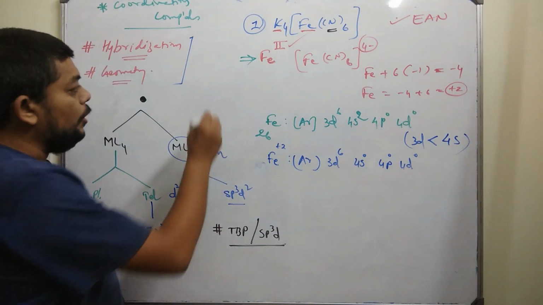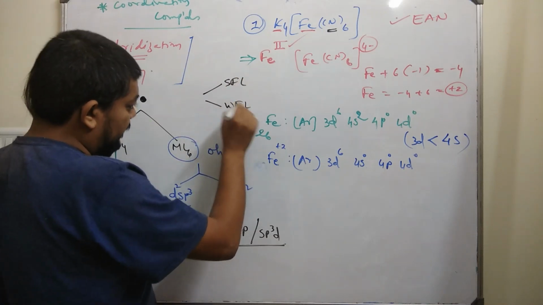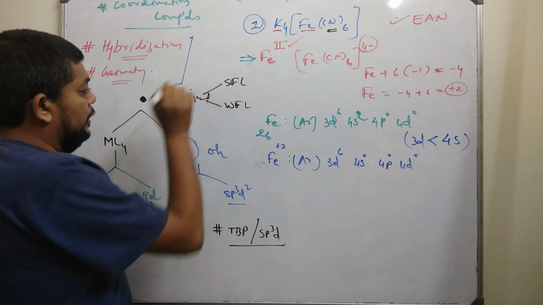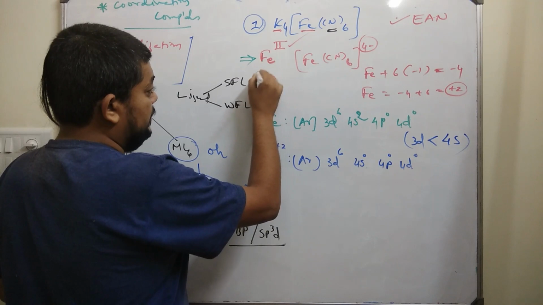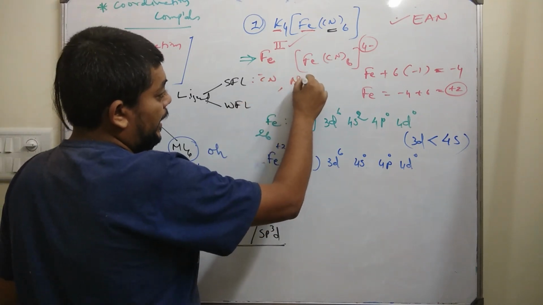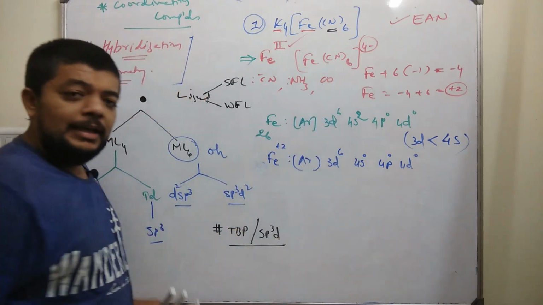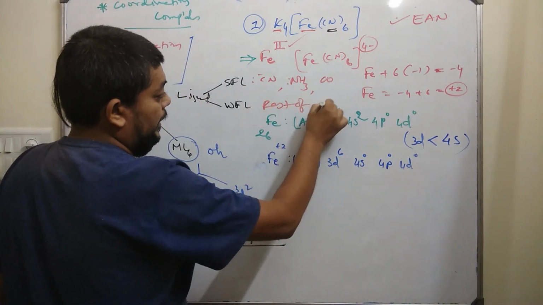Those two categories are strong field ligand and weak field ligand. If we do not consider any exceptional cases, I will always write cyano as a strong field ligand, NH3 as a strong field ligand, and carbonyl as a strong field ligand, and the rest of all as weak field ligand.